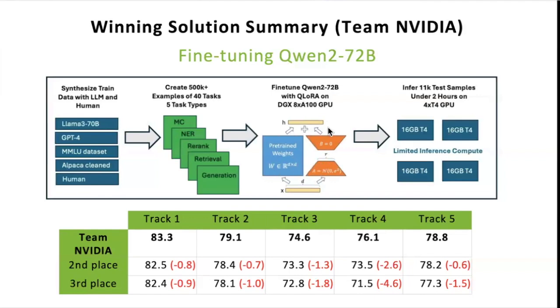This is a low-rank representation of the adjustment of the weights in the LLM. In the end, they also did quantization and inference optimization, so that these Qwen models can be loaded onto the smaller GPUs provided by Amazon. So this is a high-level framework.